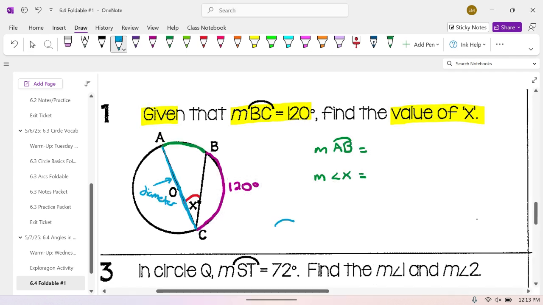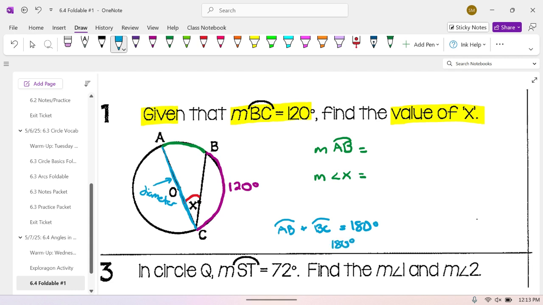So if arc AB plus arc BC equals 180 degrees, that means we can subtract 120 from 180 to give us AB, which would be what? What's 180 minus 120? 60. So my arc measure is 60 degrees. So this is 60 degrees.